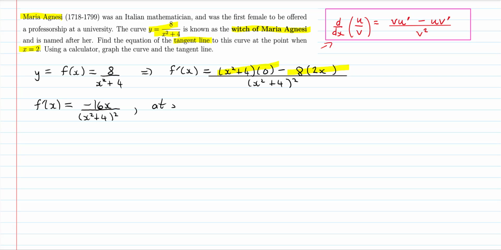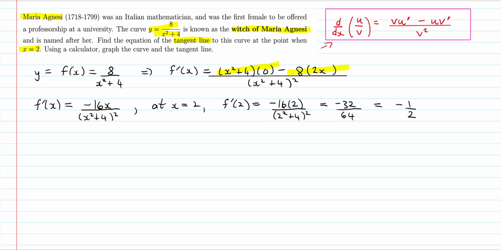So f dash of 2 is equal to negative 16 times 2 over 2 squared plus 4 all squared, which is negative 32, and 2 squared is 4, so 4 plus 4 is 8, 8 squared is 64, and simplifying that we get negative 1 over 2.